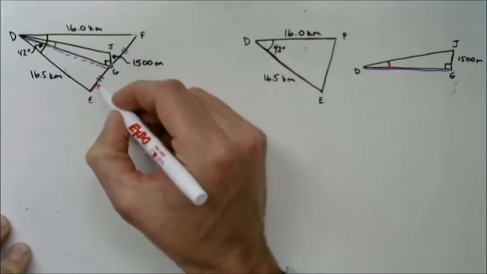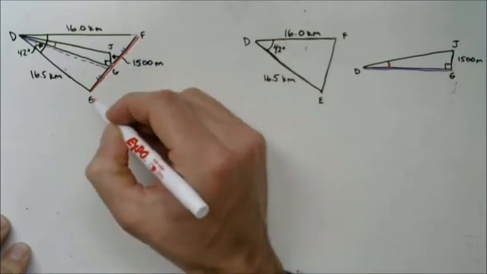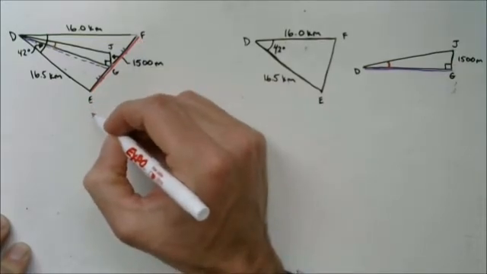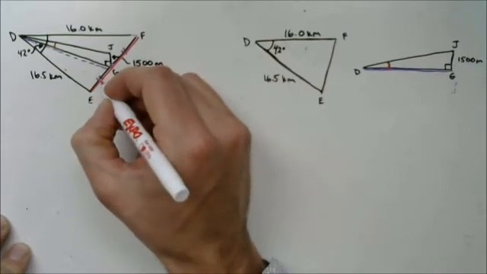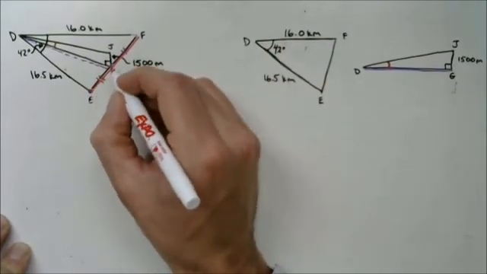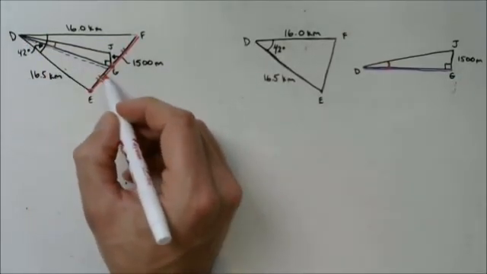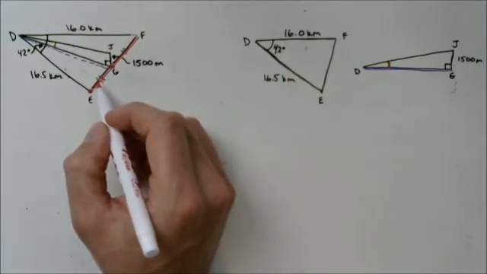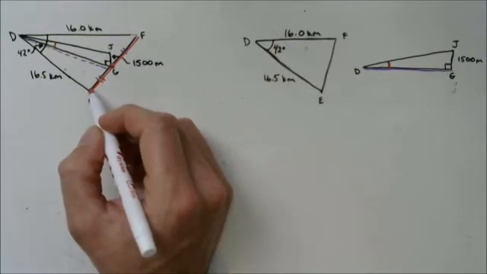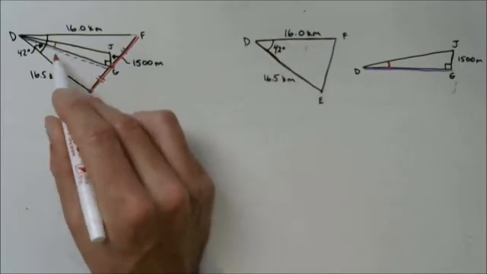Could we find this length? If we can find the distance from Emerytown to Fosterville, then we could find the distance from E to G. That still doesn't give us enough information to solve directly for DG, but it does give us enough information to solve for the angle E. And once we had that, we could use Sine Law to solve for the side length DG.